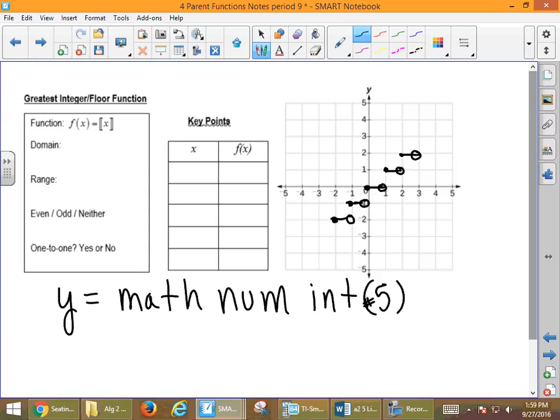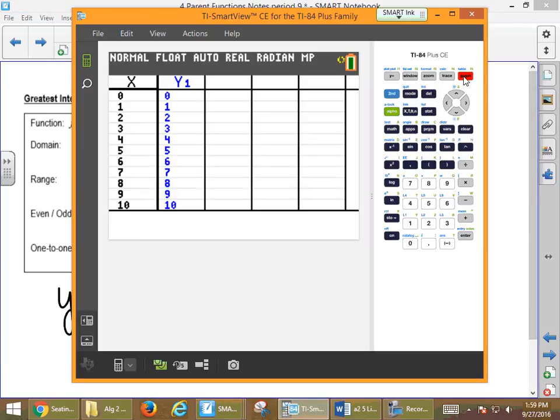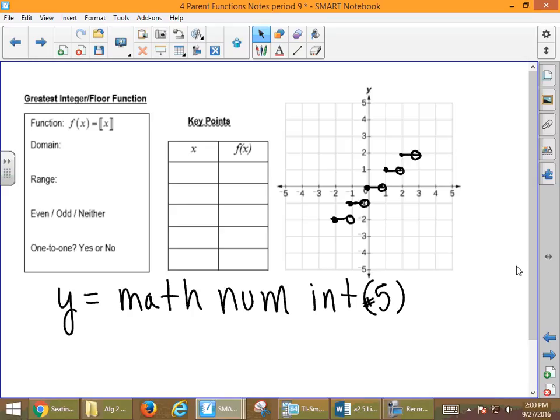In terms of key points, what I wrote down here isn't what you see in your actual table, because your actual table just looks, well, let's look at it. Like 0, 0, 1, 1, 2, 2, 3, 3. But what happens is there's more than that. 0, 0, there's 1, 1, there's 2, 2.